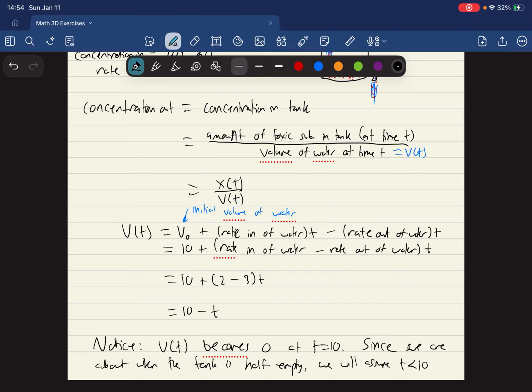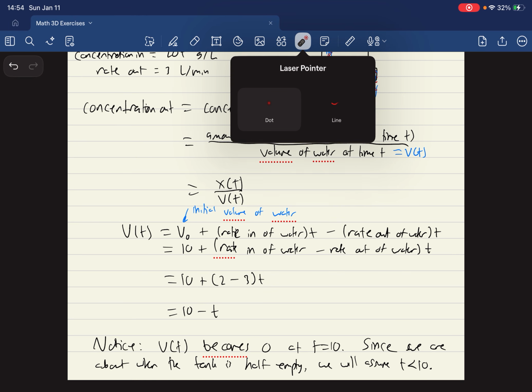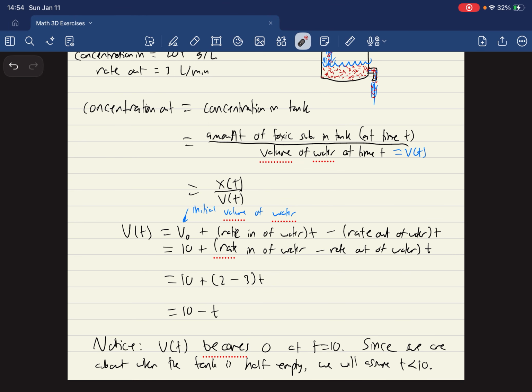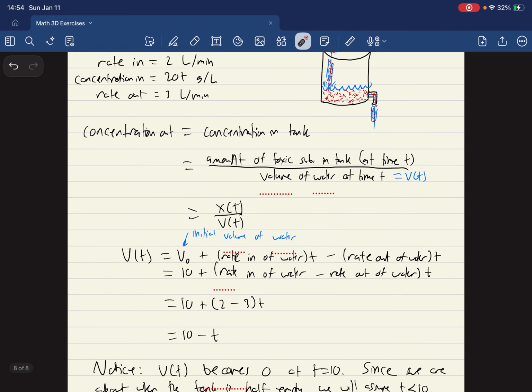Again, because we know that the time at which the tank becomes half empty has to be less than the time at which it becomes fully empty, because the amount of water in the tank is decreasing, as we see right here. Okay, and this is going to be important in just a bit, you'll see.